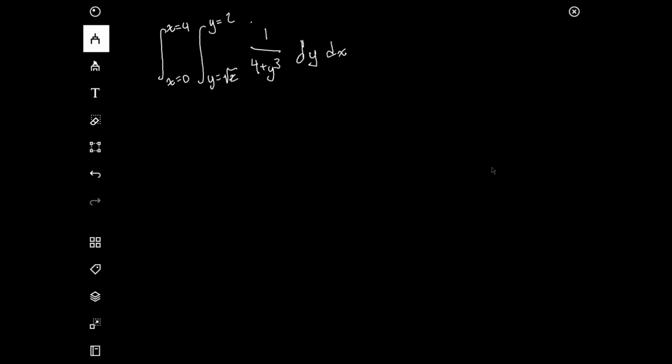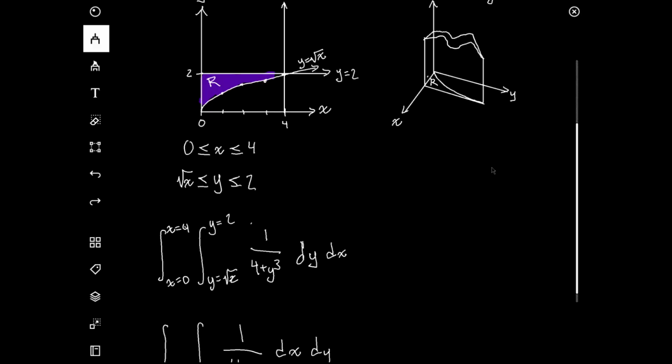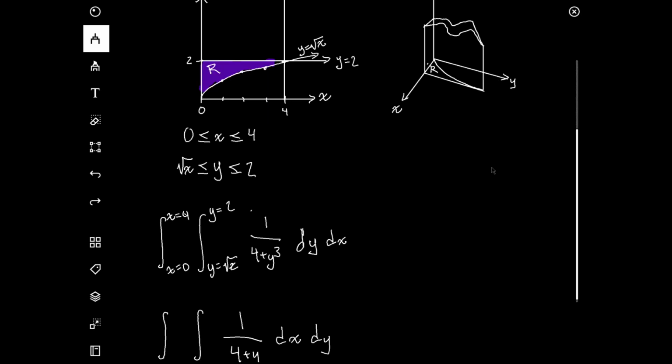Now, this is where you want to be careful, because you can't just give these whatever values they already had for your x bounds and your y bounds. You can't just put 4 and 0 here. This doesn't work. What you have to do is look back up here and ask, what are my x bounds actually?